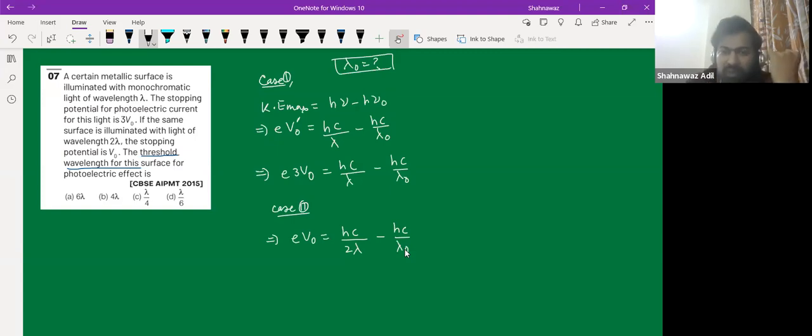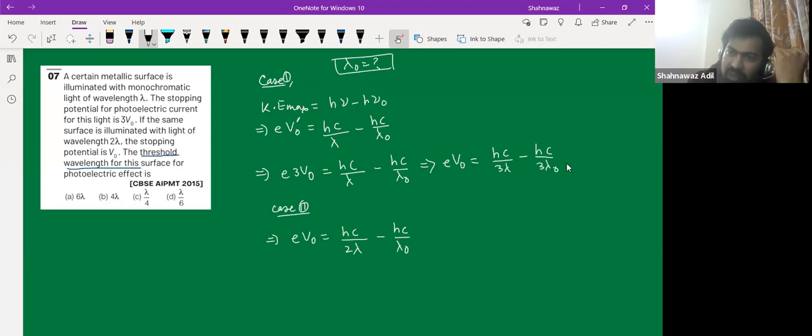Now what can we do from here? We can write this as eV naught, and we can take this 3 and put it on the other side. So this is hc by 3 lambda minus hc by 3 lambda naught.